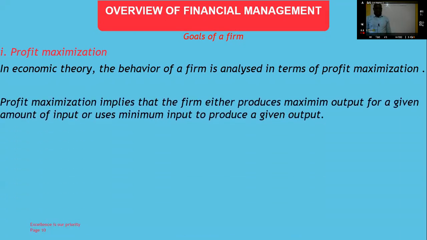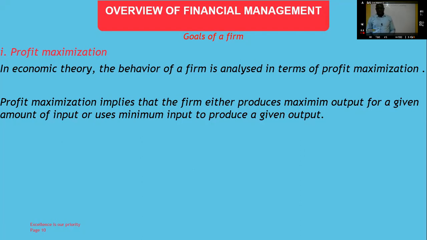Now, profit maximization implies that the firm either produces maximum output for a given amount of input or uses minimum input to produce a given output. In other words, can we reduce our costs such that we are only using the minimum input to produce a given output? Can we use the minimum kgs of green tea to produce processed tea?